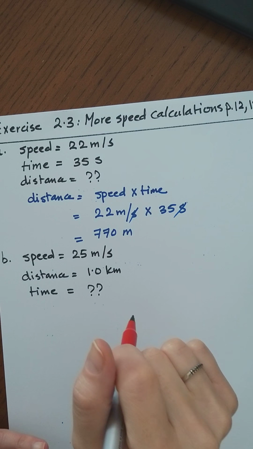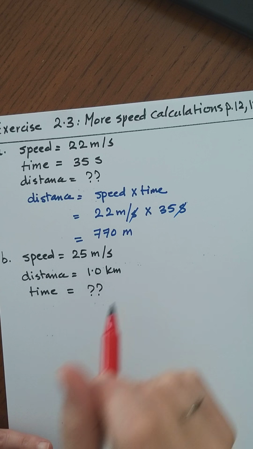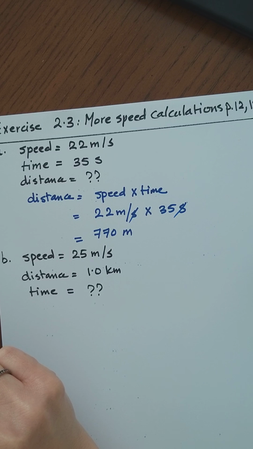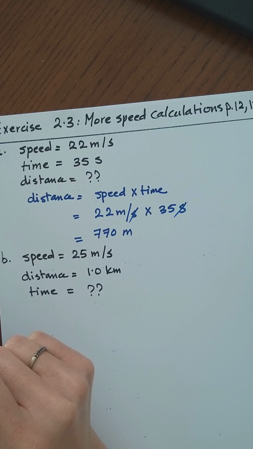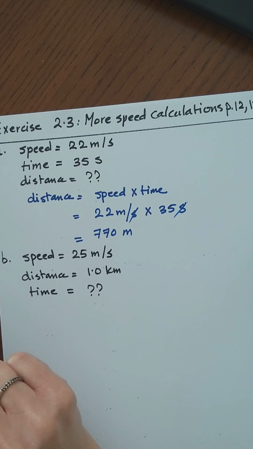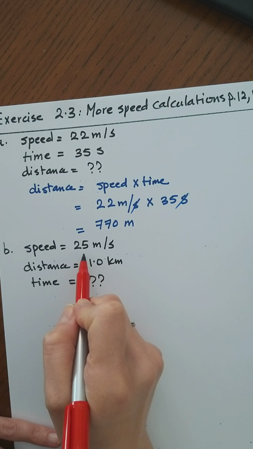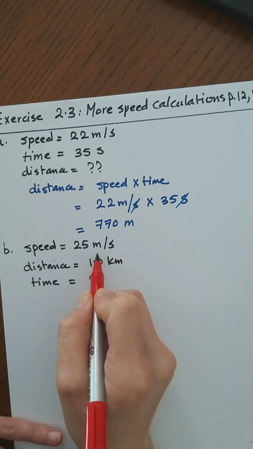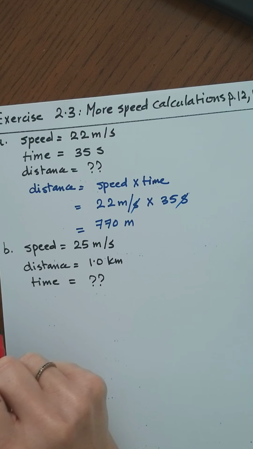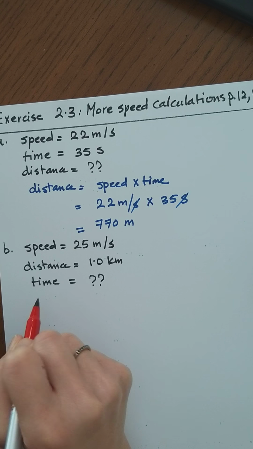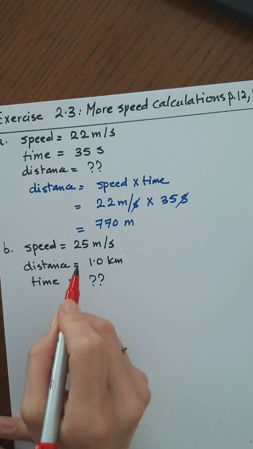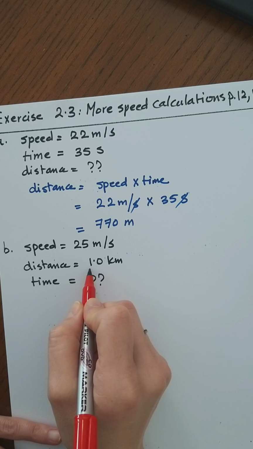B. A swallow can fly at 25 meters per second. How long will it take to fly 1 kilometer? A swallow is a type of bird, sununu. Okay, so it's flying at 25 meters per second. Pay attention to the units, meters per second. How long means what's the time needed to fly 1 kilometer?